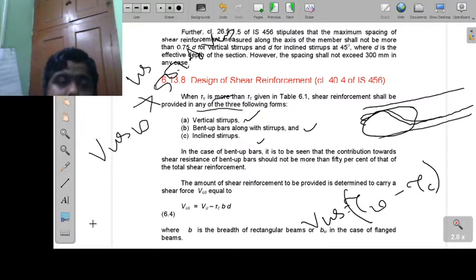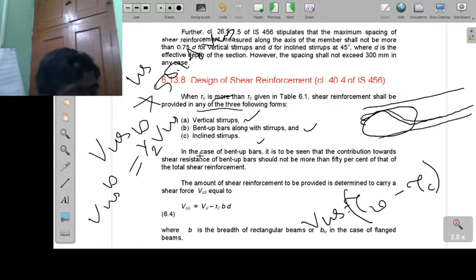It can be a maximum of 50% of Vus. That is the code's guideline and we have to follow that.